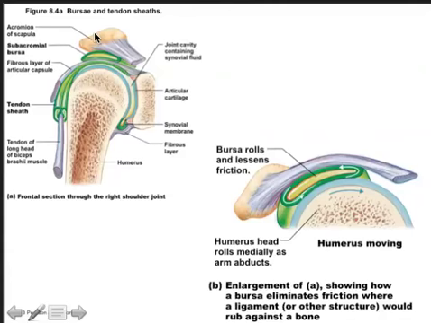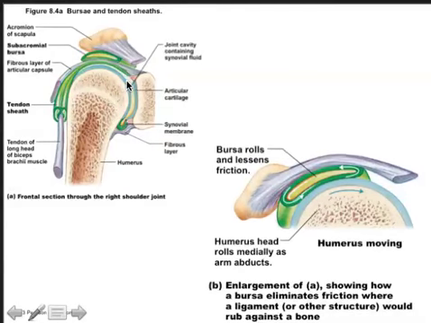And then there's another process that's not really visible in this section called the coracoid process that is found essentially on the superior anterior part of the shoulder, and it's also part of the scapula.